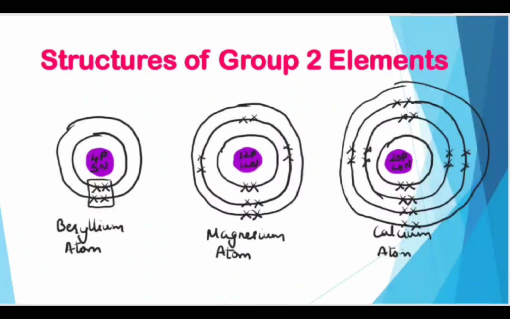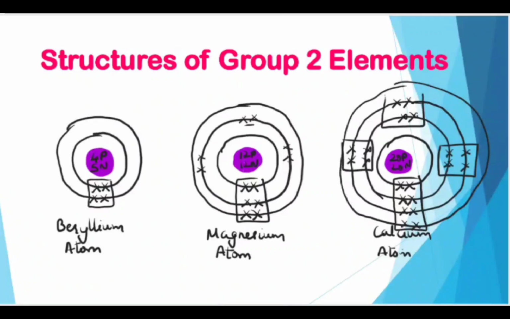Here we have 12 protons, so we have 2, 4, 6, 7, 8, 9, 10, 11, 12. Then we have 20 protons here, so 2, 4, 6, 8, 8 plus 4, 12, 16 and 20.